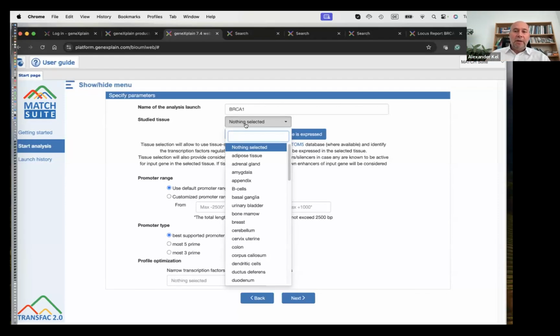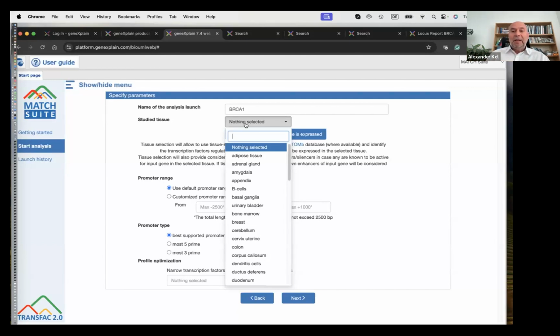And then also we know that in our database, if you select a tissue, we apply a special filter, and we filter only those motifs, those positional weight matrices, which are connected to transcription factors which are expressed in that tissue. It is with a special specificity. Of course, expression of a factor may be everywhere, and it's not enough for a factor to be expressed. It has to be activated, so the factor has to be active in a particular tissue.